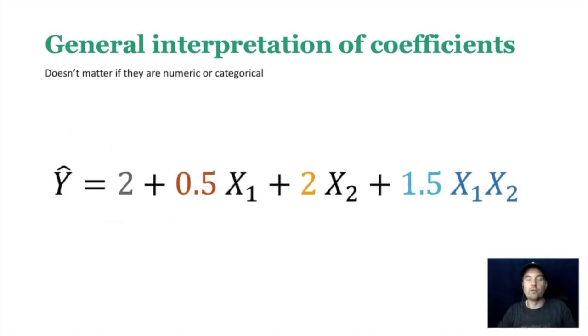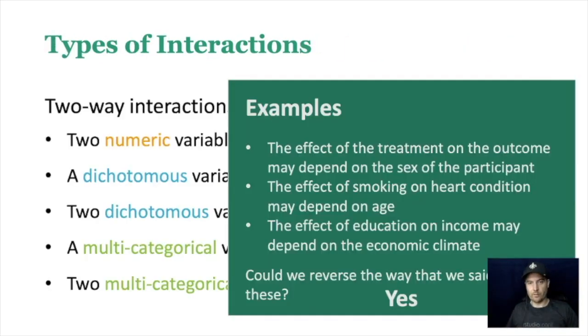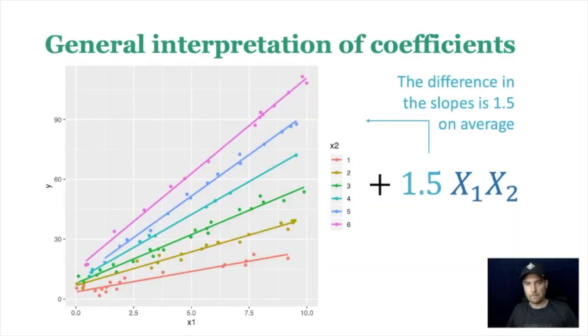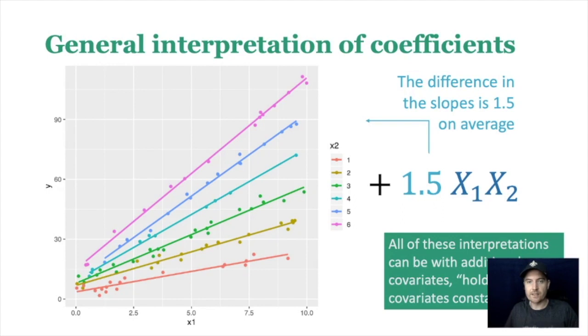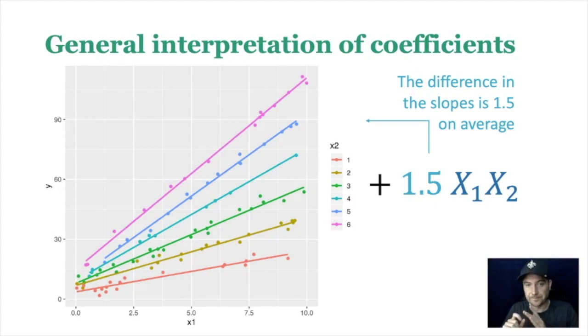So let's go back to the full model equation to understand what that 1.5 means. Ultimately, if we go forward a little bit, it is a difference in the slopes.